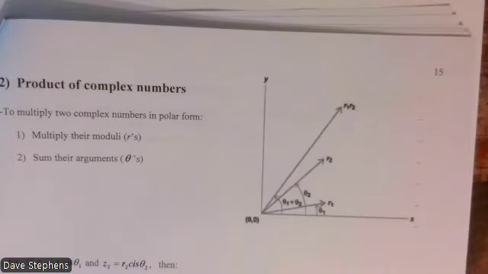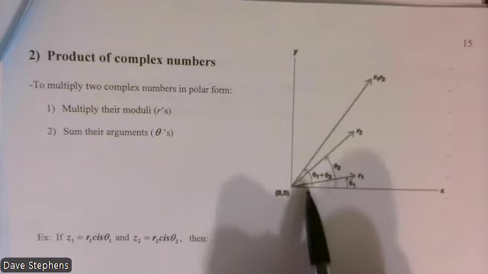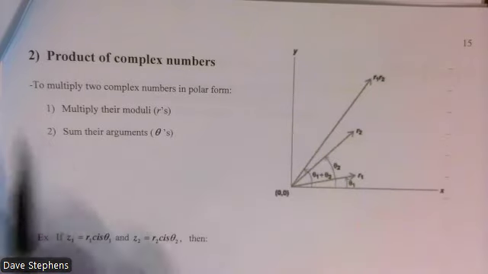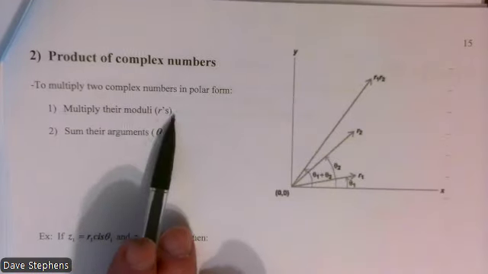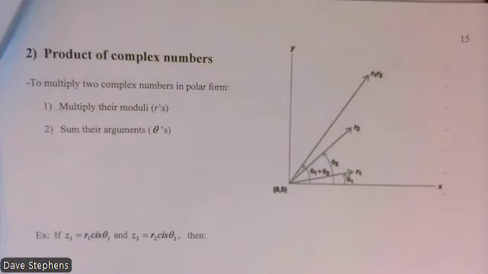Here we go. The product of complex numbers. Now, this is where it gets cool. So the product of two complex numbers in polar form: we're going to multiply the r values. Just tell us, multiply the moduli, that's your r's, and sum the arguments, that's the theta.